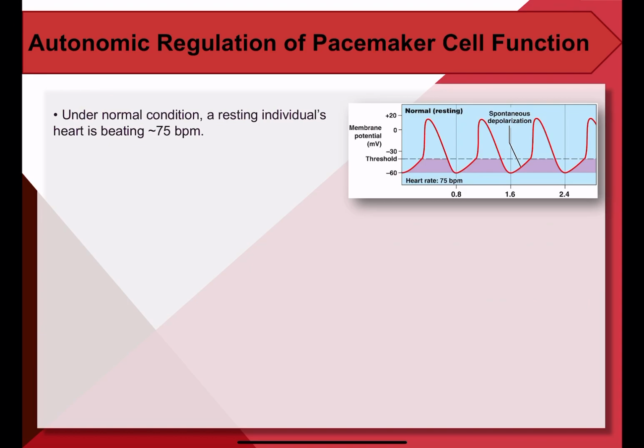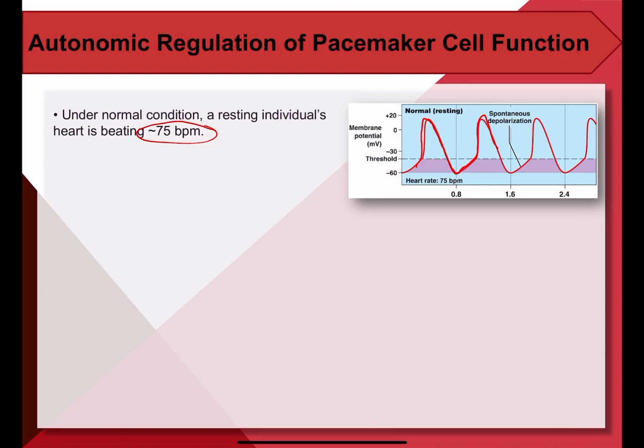So those neurotransmitters now come into play in homeostatic regulation of the cardiovascular system. Under normal conditions, a resting individual's heartbeat is on average 75 beats per minute, and you see that same depolarization, repolarization, pacemaker potential, getting to threshold, and depolarization again.